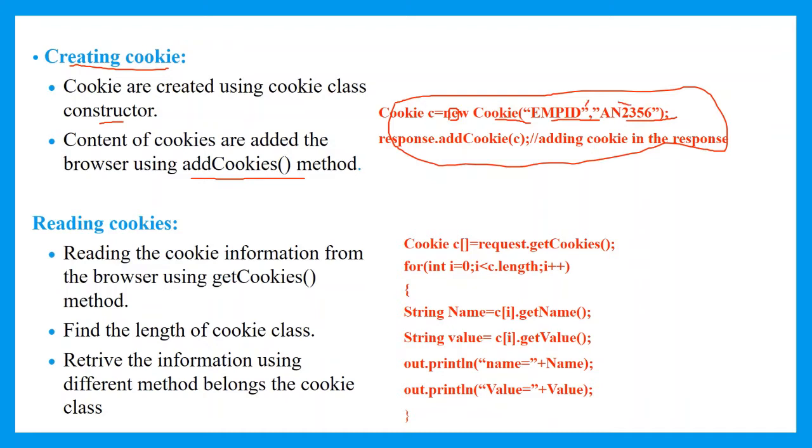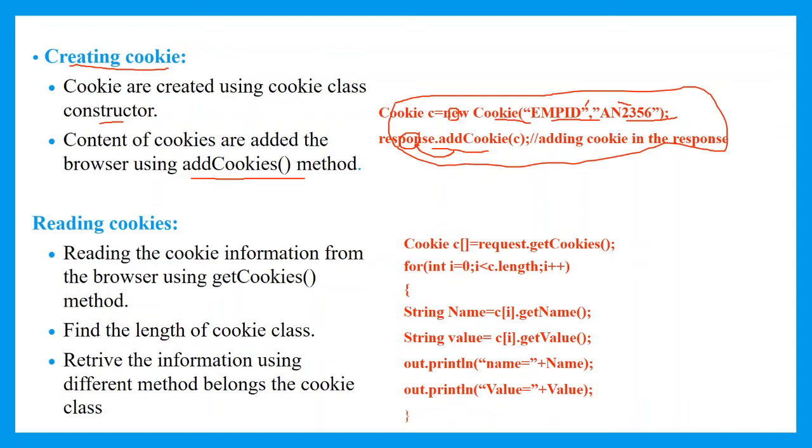When I want to add this name and value to the browser, I will make use of a method called addCookie. The addCookie is a method which is going to add the cookie information to the browser. This method belongs to the interface called the response interface. With the help of an instance of the response interface, I am invoking the addCookie method.